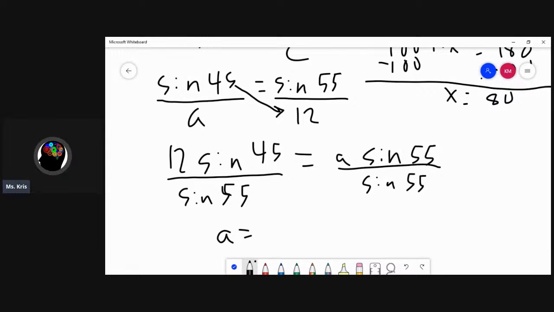Then once you multiply, you must divide by sine 55. And once you do that, you must round. For rounding purposes, we are going to round to the nearest tenth, and the side length of A is 10.4. That's how you find side A based on laws of sine.